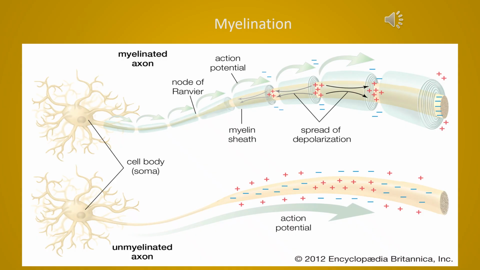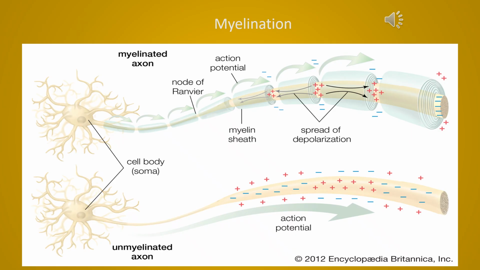This is a fatty substance which begins to form in the fetal months, is most accomplished in the first 2 years of life, but actually can continue throughout life. So most of the myelination of axons takes place by the time a person is 2 years of age.